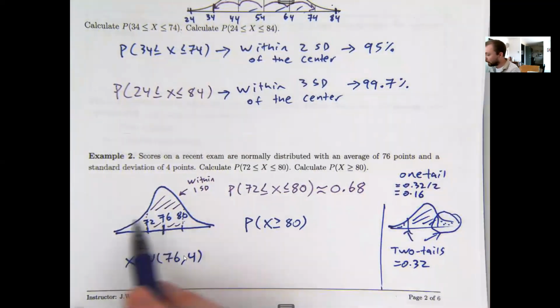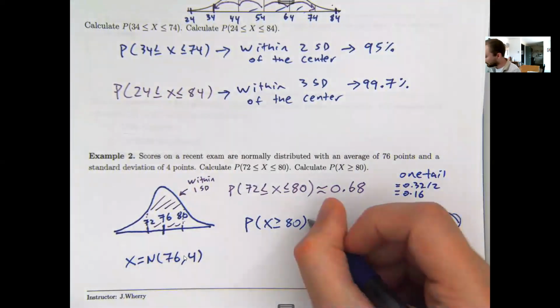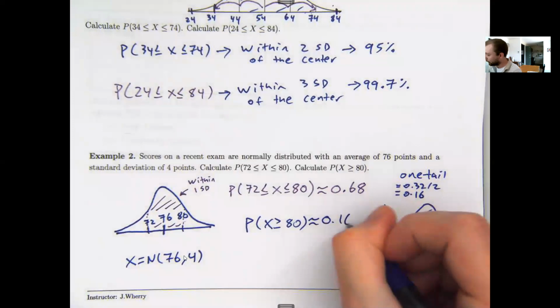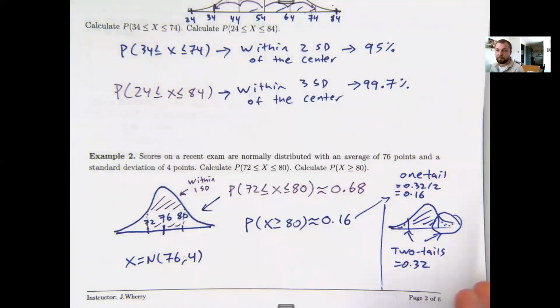So even in situations where it's not between or within 1, 2, or 3 standard deviations, if it's a question more like what's the likelihood that it's less than some value or more than some value, I still might be able to answer that question, but I'll have to get creative with the way that my pictures look. Let's try another.